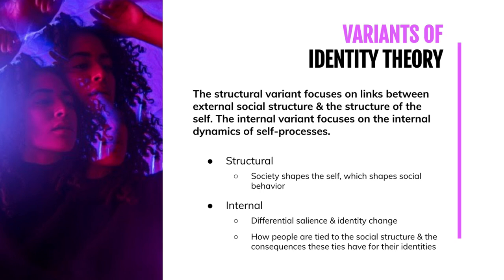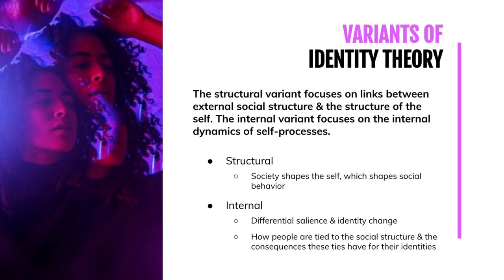And then for the internal variant, it's important to consider the differential salience of identities and why identities change over time. It's interested in the ways in which people are tied to the social structure and the consequences these ties have for their identities, and how identity salience leads to behaviors that are tied to the roles underlying these identities.